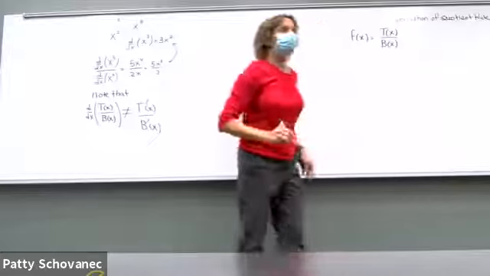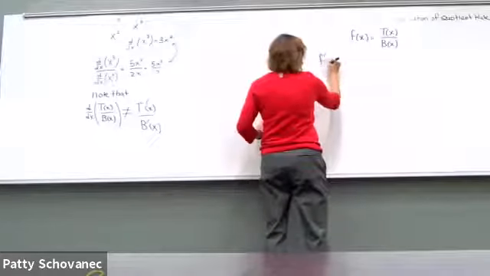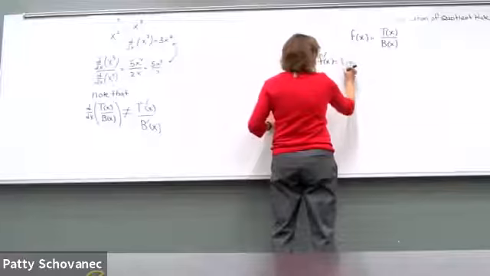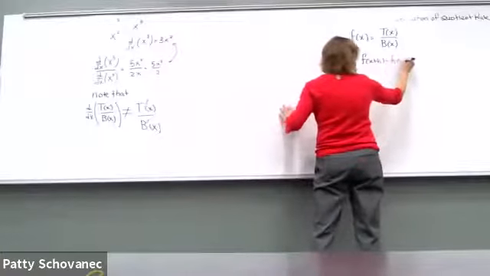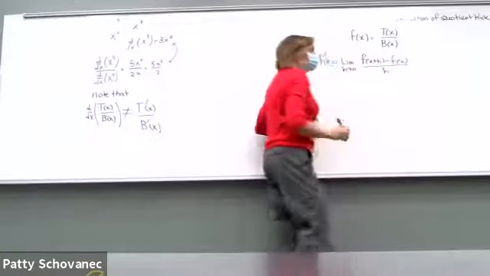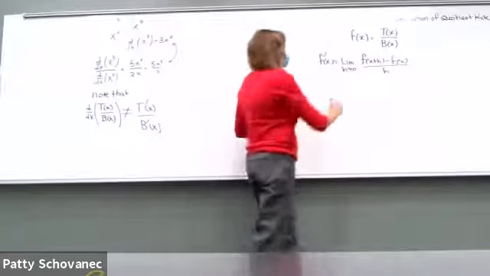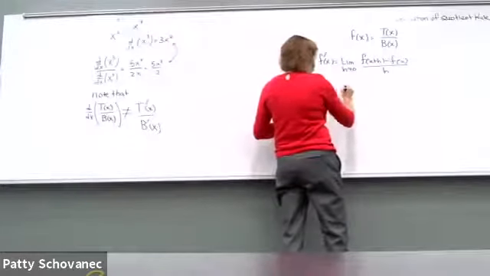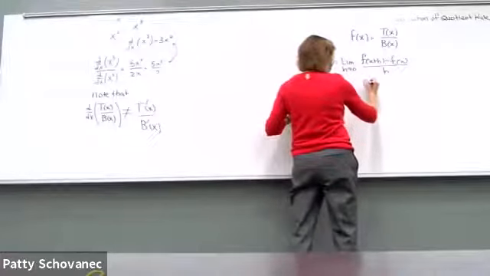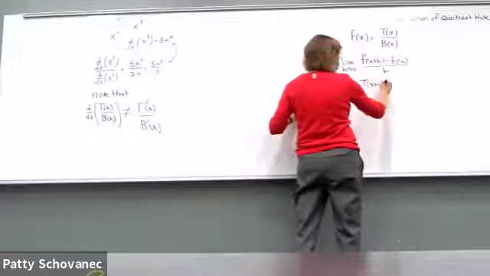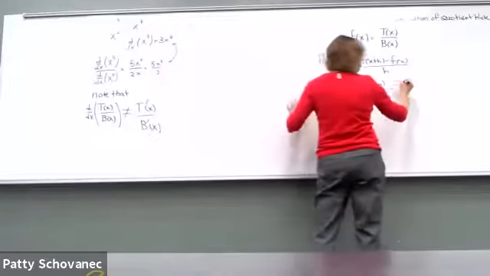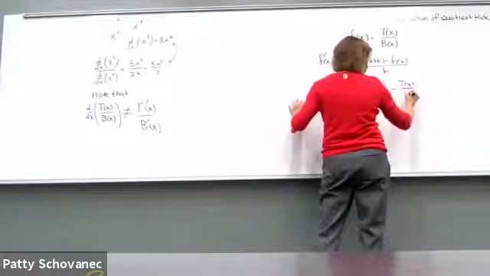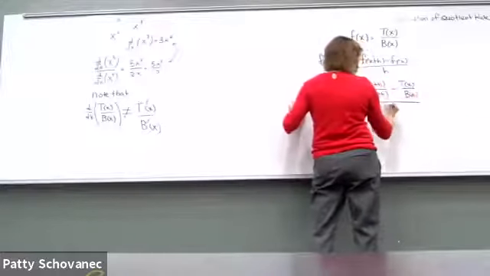And then I'm going to write the definition of the derivative, that f prime of x is the limit as h goes to 0 of f of x plus h minus f of x all over h. So in this first slot, I'm going to put my top function and my bottom function both as functions of x plus h, minus my top function over my bottom function, all divided by h.